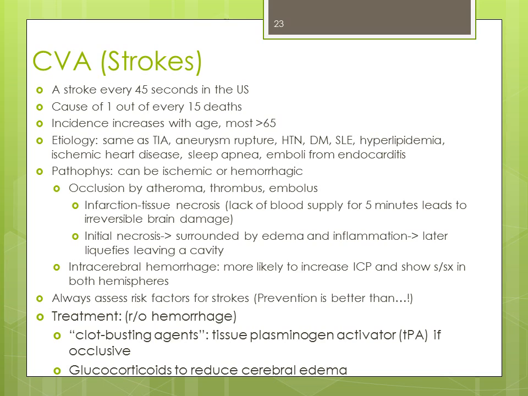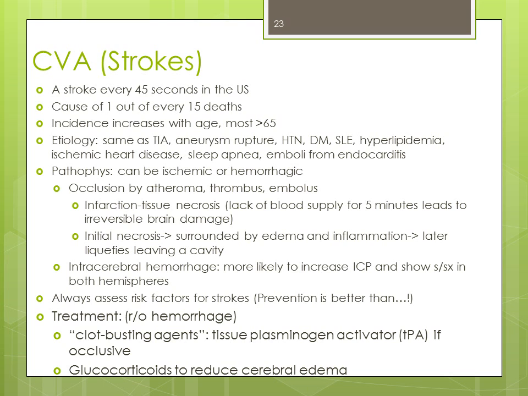The pathophysiology, again, they can be ischemic or hemorrhagic, and TIAs generally are ischemic, whereas strokes can be ischemic or hemorrhagic. So there can be occlusion by an atheroma, which would be a plaque, a thrombus, or an embolus, and this will lead to tissue necrosis, and lack of blood supply for about 5 minutes will lead to irreversible brain damage.